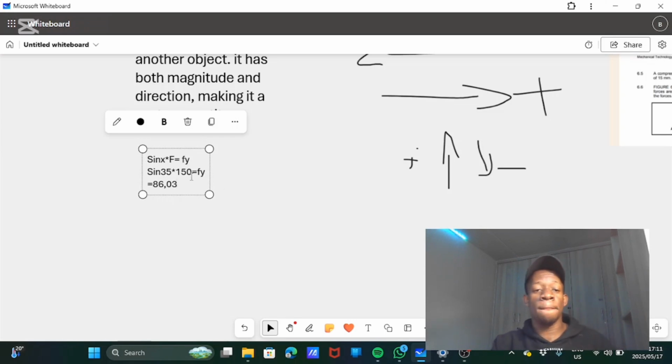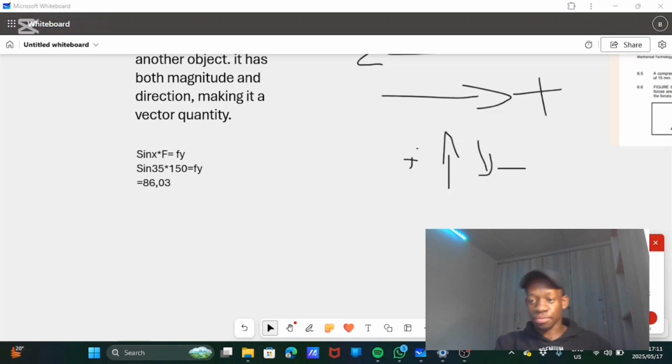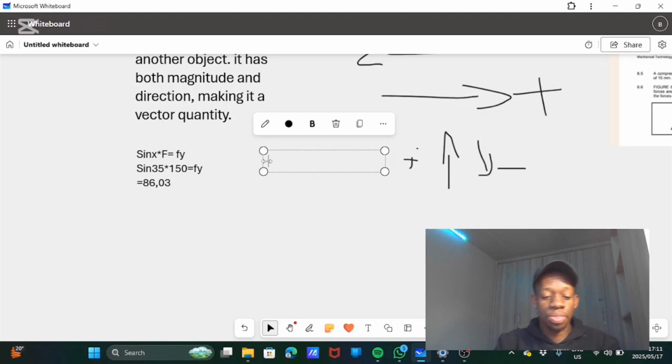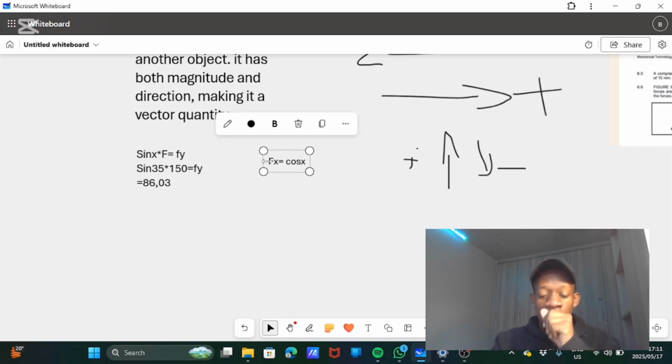Okay, now that I've done calculating this one, you can also calculate the parallel, or horizontal, force. For the horizontal force, we're going to use cosine. Fx is equal to cosine of x times the force.